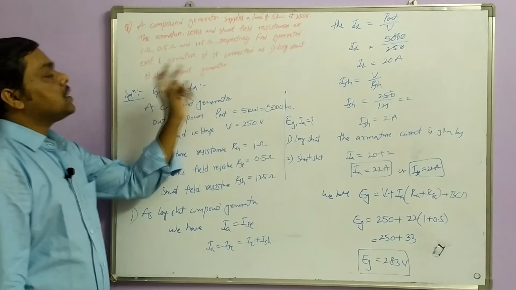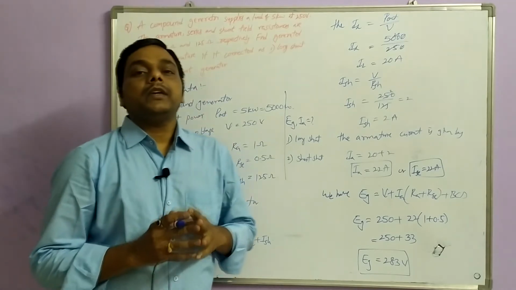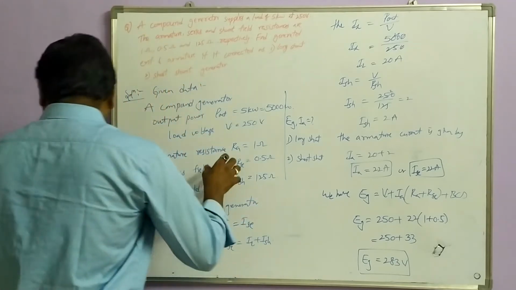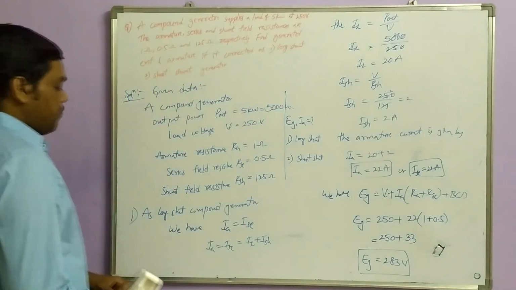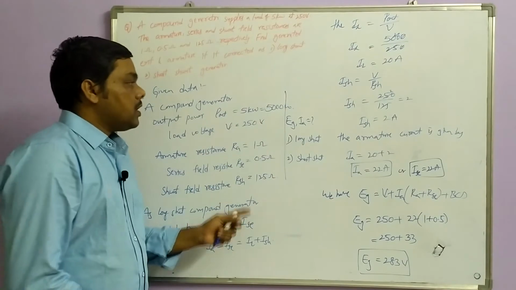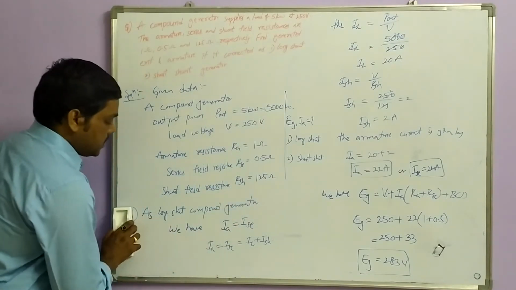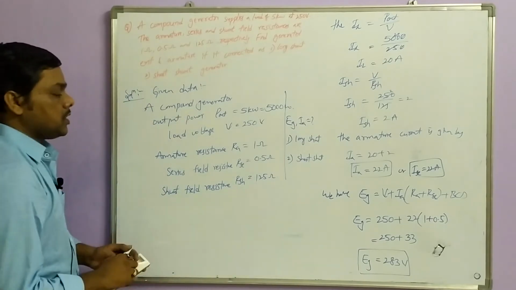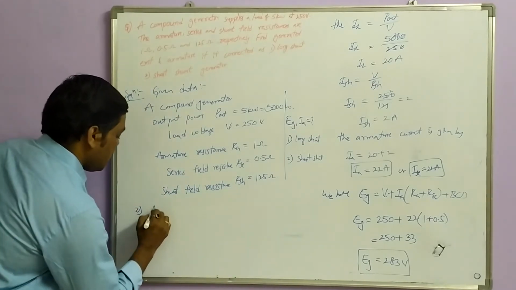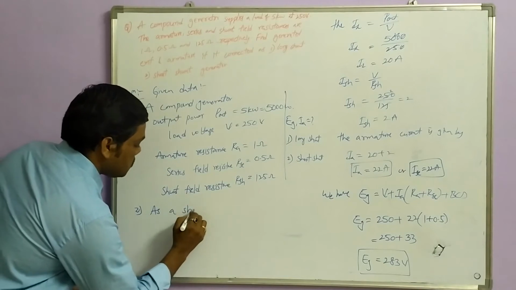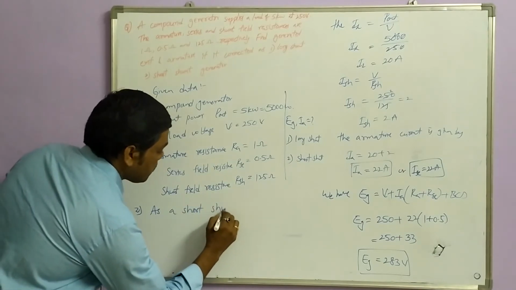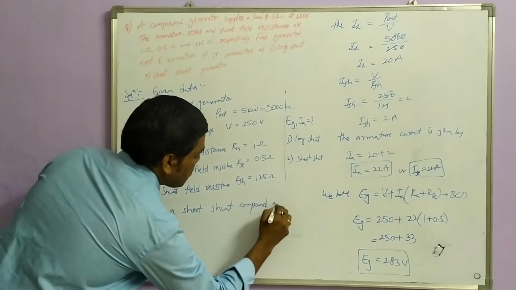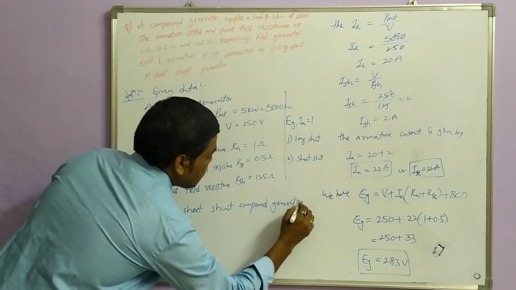Now we'll go for the second case, as a short shunt compound generator. The data will remain the same.